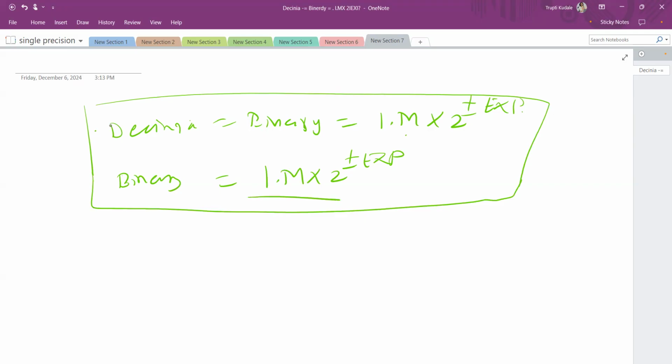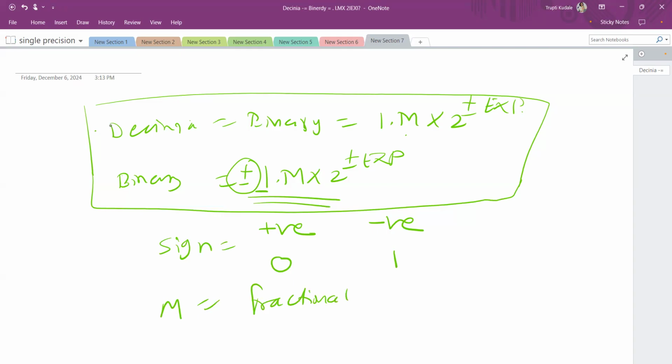And if you get in this format, this will be your sign bit. This will tell you what the sign is. So if the number is positive, the sign bit will be 0. If the number is negative, sign bit will be 1. Mantissa, the fractional part, means whatever is after the binary point, all will be your mantissa. And what is biased exponent?